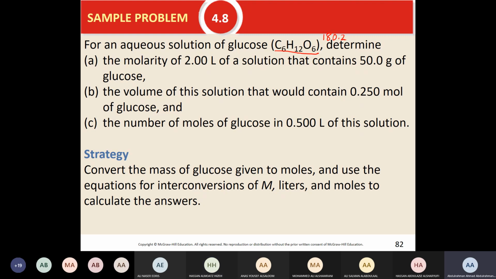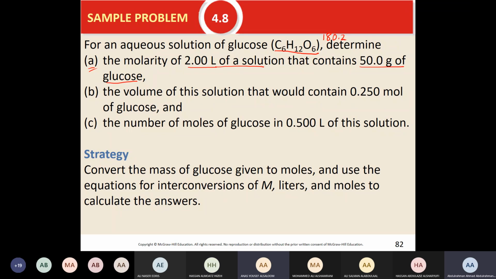Good. Let's solve A. Read A and then solve it. What's the molarity of 2-liter solution that contains 50 grams of glucose? What are you going to do to solve A? Convert grams to moles.